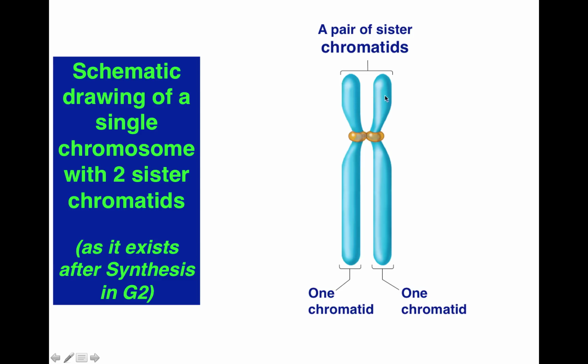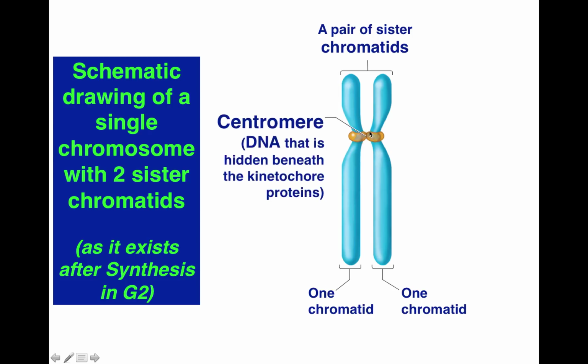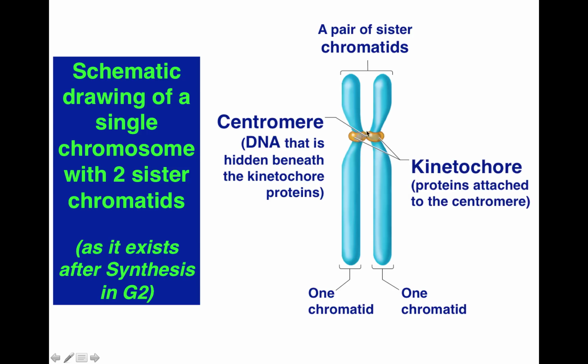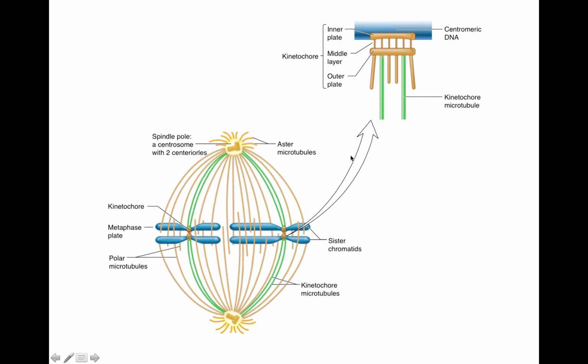So this is a pair of sister chromatids. Remember, a chromatid is one long strand of DNA from the tip of the P arm to the tip of the Q arm. The DNA at this point where the two chromatids are joined together is called the centromere. The centromere is the DNA that's hidden beneath a kinetochore, which is a set of proteins that attaches to the centromeric DNA.